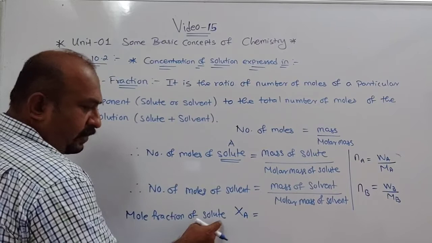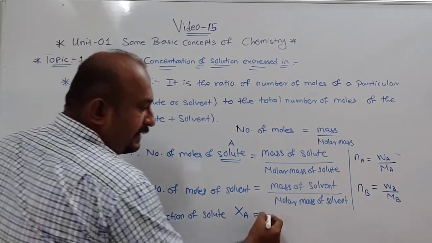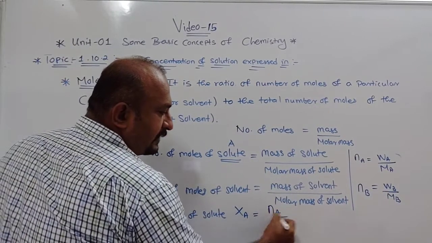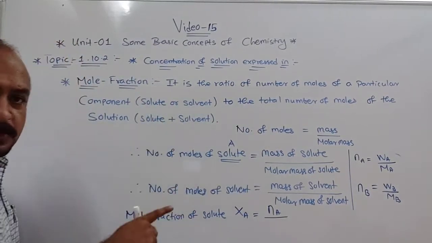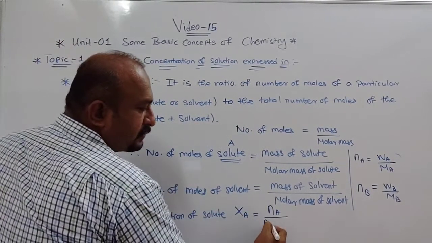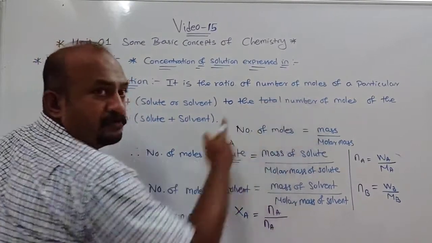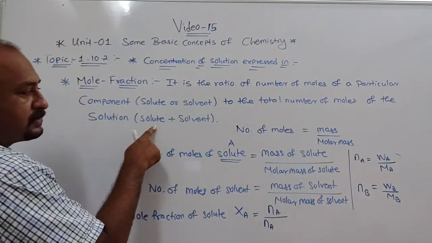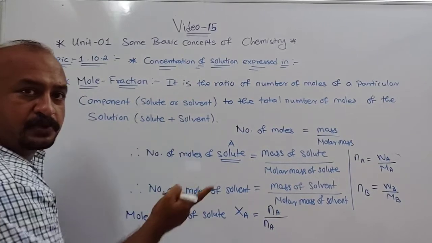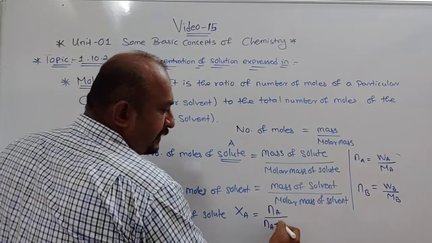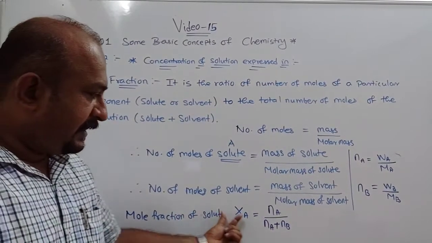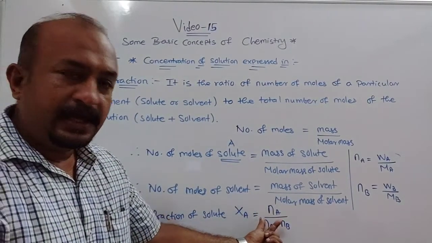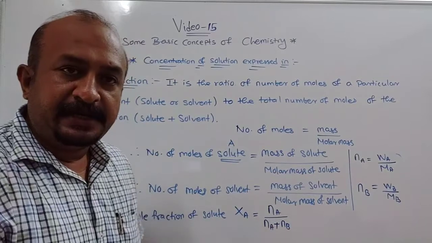So the mole fraction of solute, XA, is equal to moles of solute, Na, upon the total number of moles of solution. Solute and solvent moles both will come, so it will be Na plus Nb. So for solute, XA is equal to Na upon Na plus Nb.